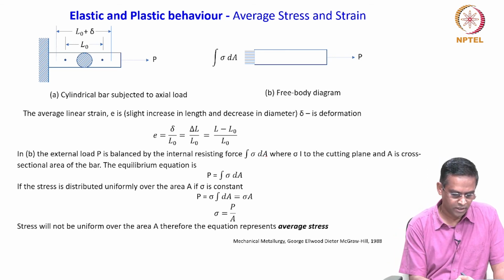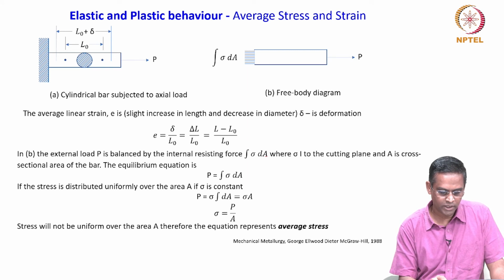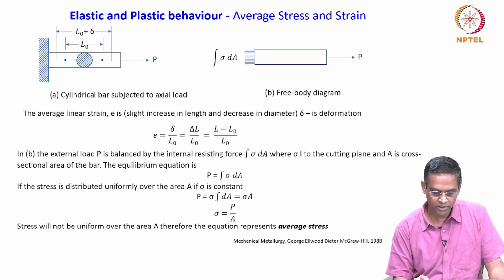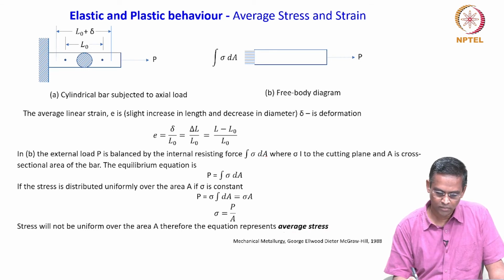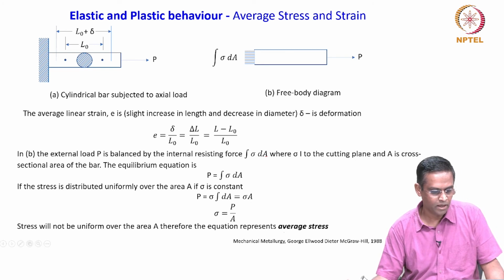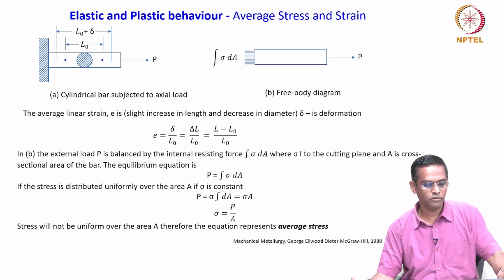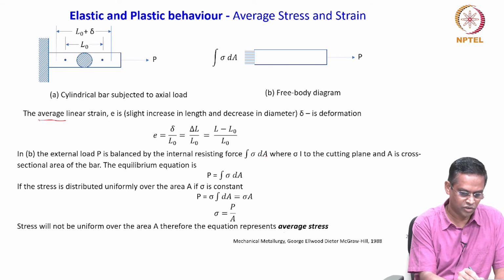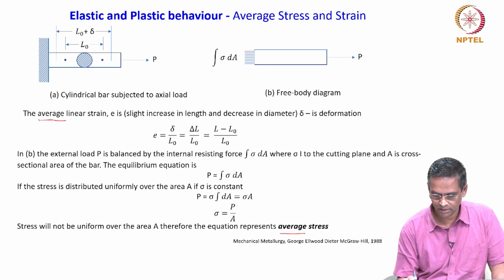And a very important thing is, the stress will not be uniform over the area A, therefore, the equation represents average stress, right. So, this is what you have to be careful about. Here also we used the word average strain, here it is average stress.